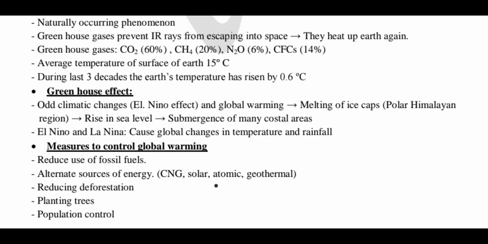The remaining majority of infrared radiation is absorbed by atmospheric gases, right? Absorbed by the atmospheric gases, and again reflected back to the earth to keep it warm. Again, reflected back to the earth to keep the earth's surface warm.